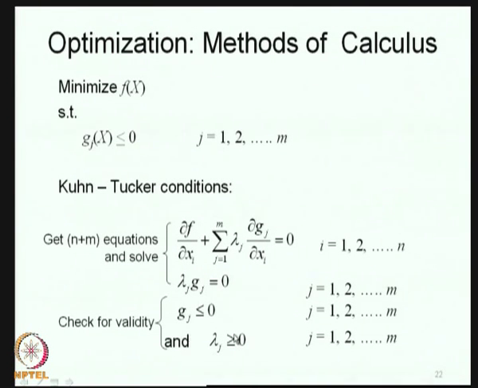You may in general have multiple solutions, and some of the solutions may satisfy all the conditions while some may not satisfy some conditions. Therefore, you choose only those solutions which satisfy all the conditions.